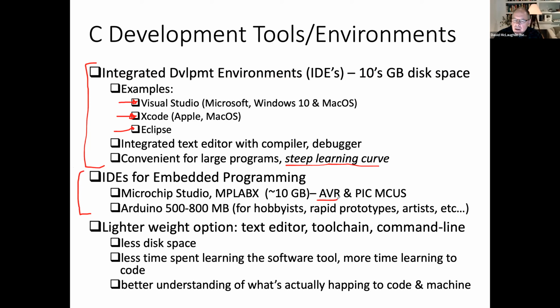That's currently manufactured by Microchip. They also have a family of processors called the PIC microcontroller. Both of those families of processors are supported by two different IDEs from Microchip: Microchip Studio and MPLAB-X. And these are larger IDEs.